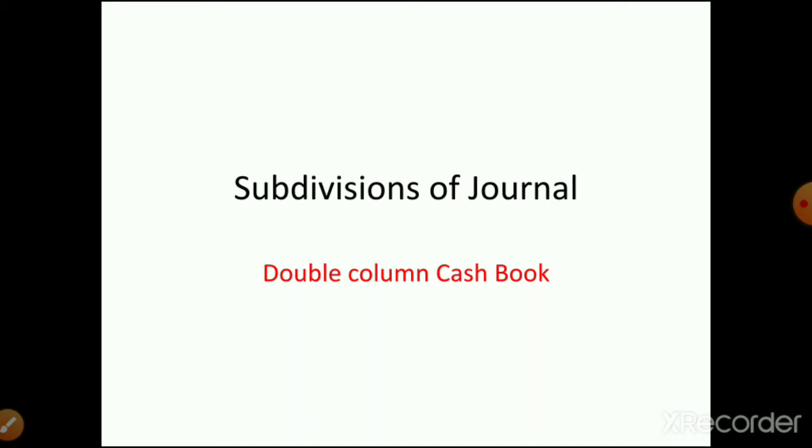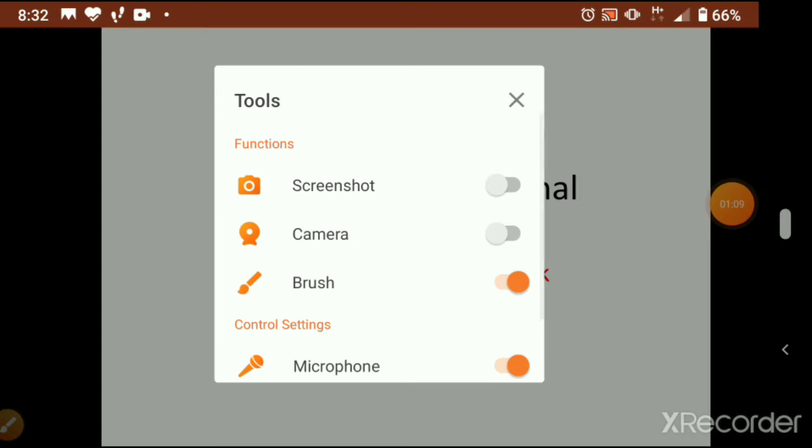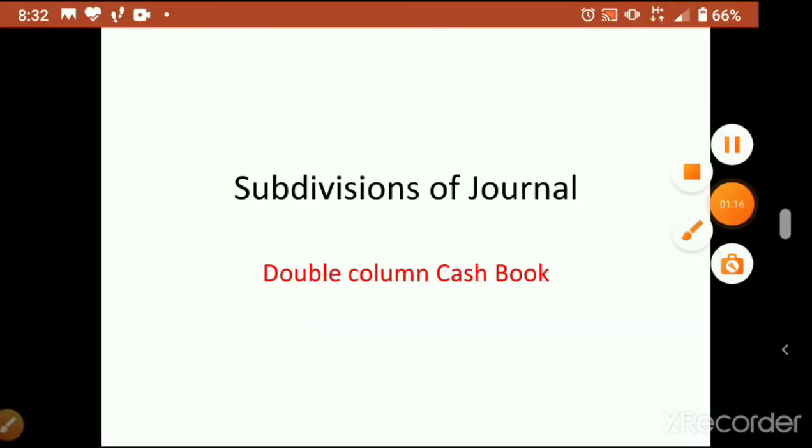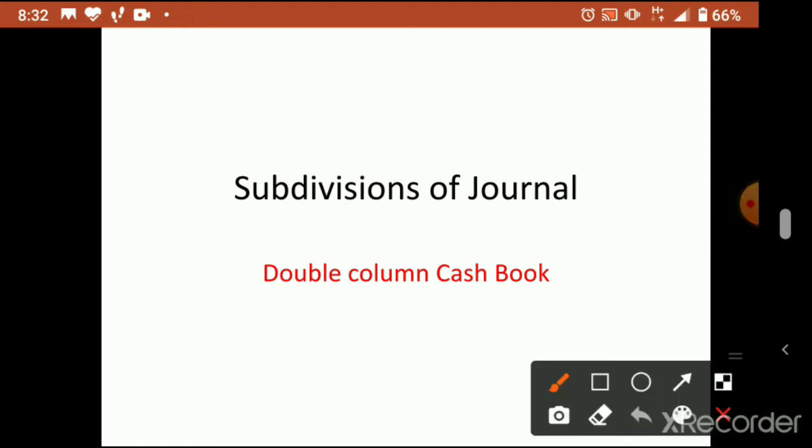Now today we'll discuss how to do the double column cash book. Remember once again, a cash book contains two sides, debit side and credit side.